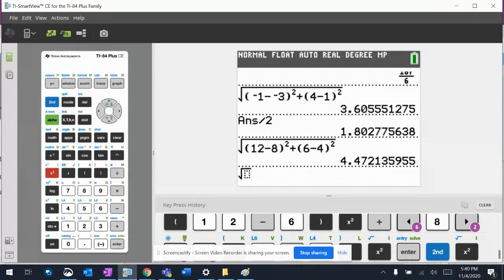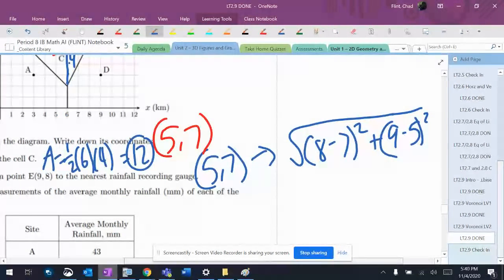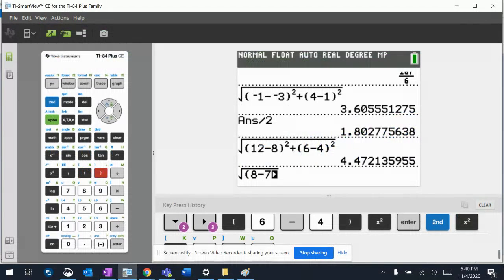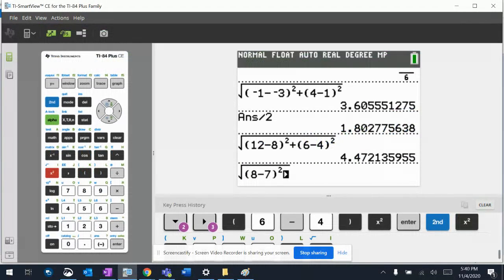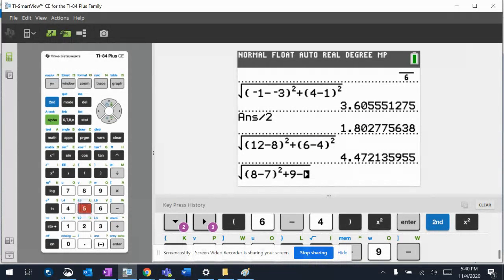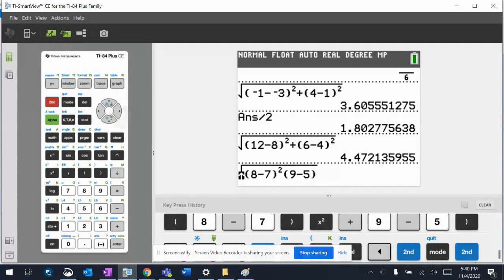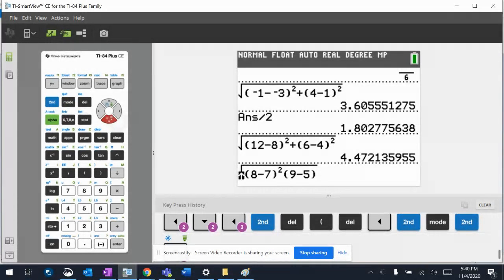So second square root, parenthesis, 8 minus 7 squared plus 9 minus 5 without a parenthesis. Whoops, that's not going to work. Whoops, got all kinds of things I'm hitting that don't make sense here.